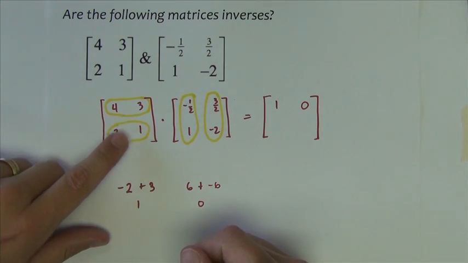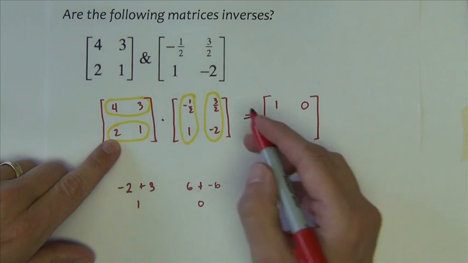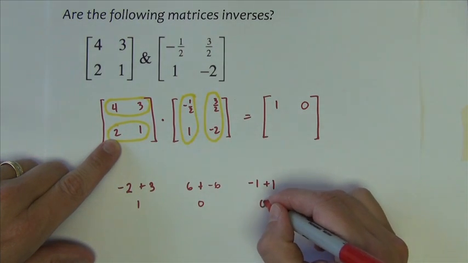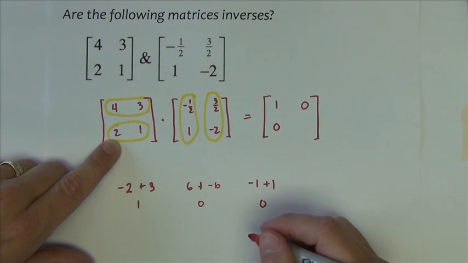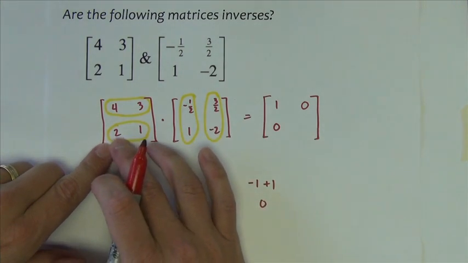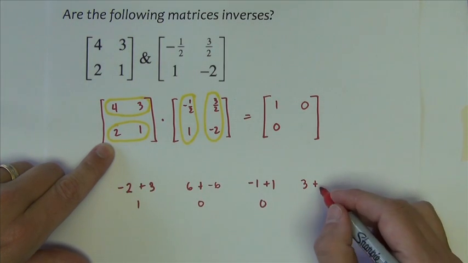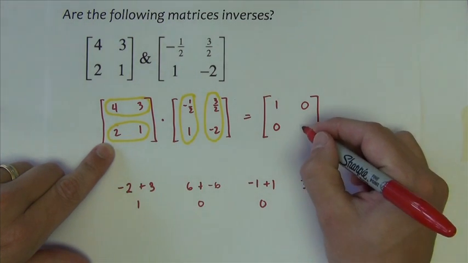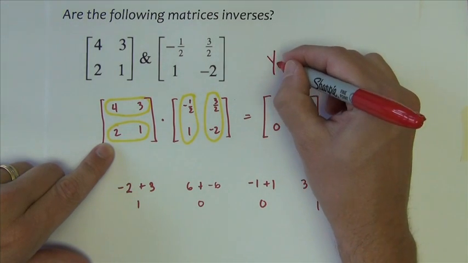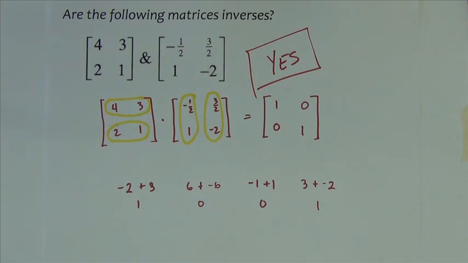Second row, first column: 2 times negative half is negative 1, 1 times 1 is 1. That's 0, we're still good. The last spot, second row, second column: 2 times 3 halves is 3, plus 1 times negative 2 is negative 2. That's 1. This is the identity matrix, so yes, these are inverses.